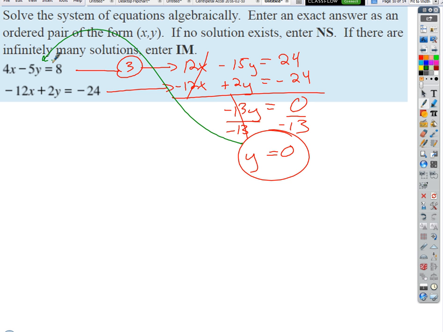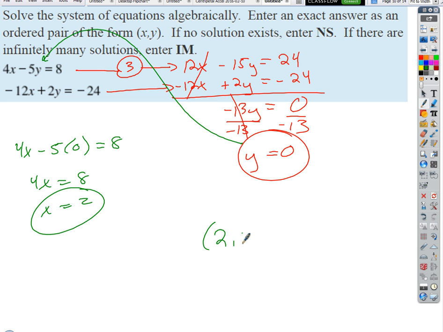So in the top one, we'd get 4x minus 5 times 0 equals 8, so 4x equals 8, so x equals 2. So my ordered pair is going to be what then? 2, 0. That's it.